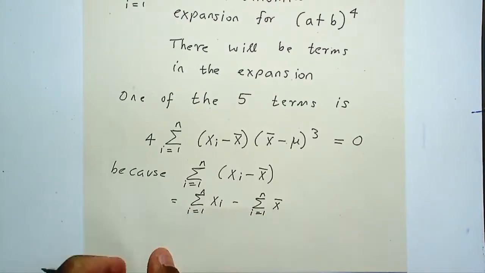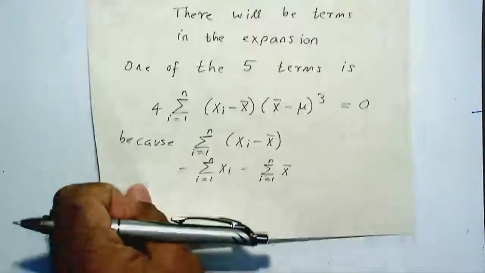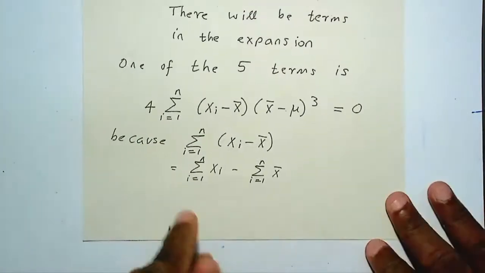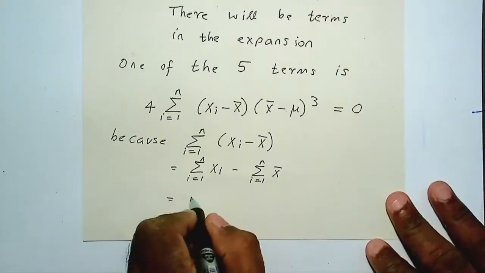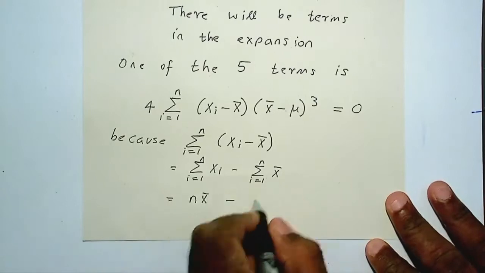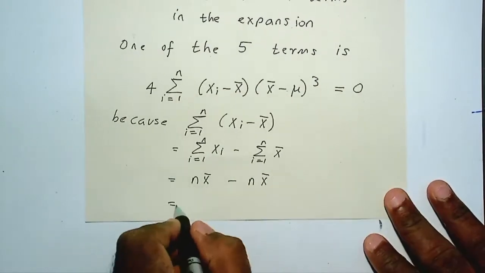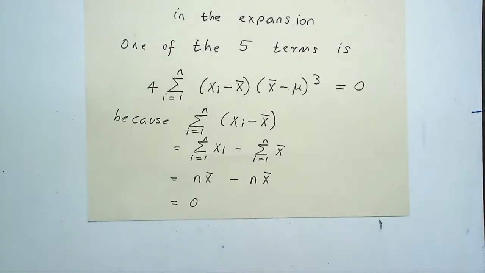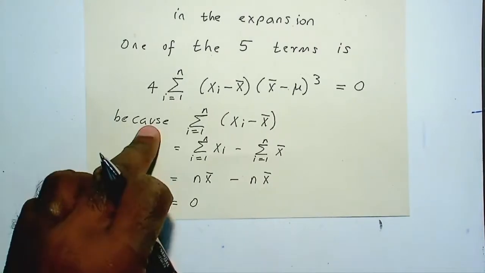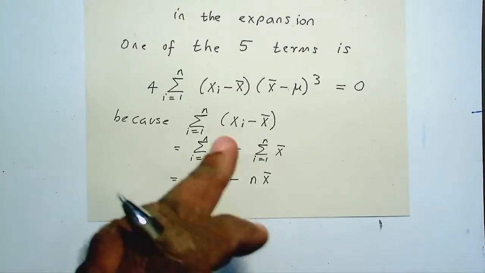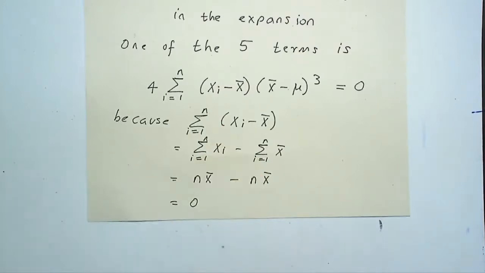Now x bar is a constant with respect to i, so this becomes n times x bar, and this also n times x bar. So hence this is 0. This is the argument you should give. Many of you did this, but some of you did not give this explanation, and you lost marks for that, because you did not explain why this is 0.